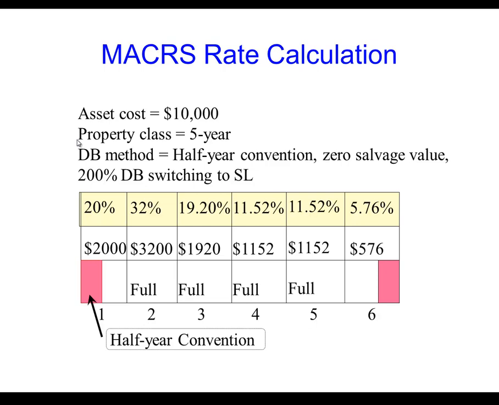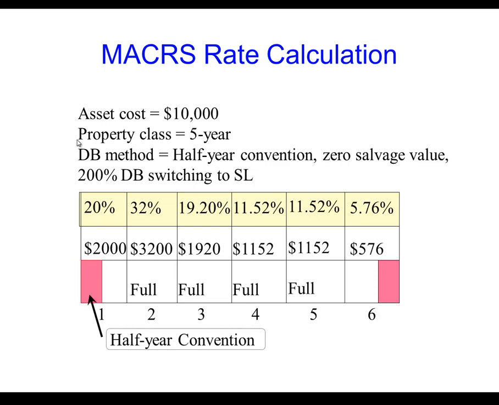So for an asset that's worth $10,000, the property class will be 5 years. Using the double declining balance method with half year convention, the percentage for the first year will be half. And remember, in the double declining balance, we use a 200% rate, which is 40%, switching to the straight line.